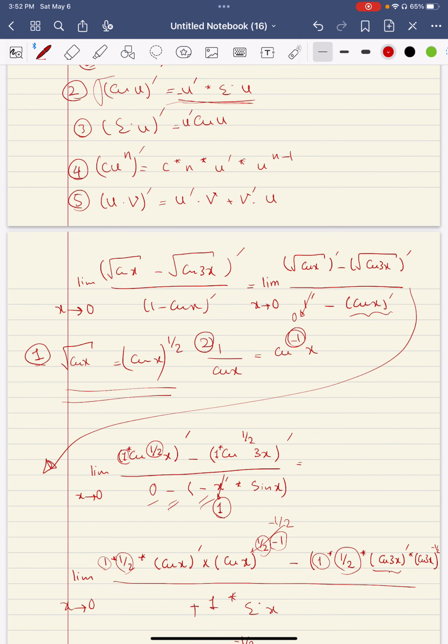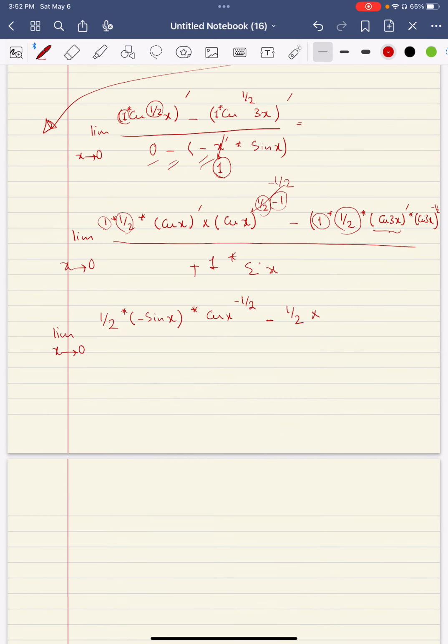Based on this formula, cosine 3x prime would be equal to negative u prime or 3x prime times sine u, or sine 3x. 3x prime is the number 3, so it would be negative 3 sine 3x.